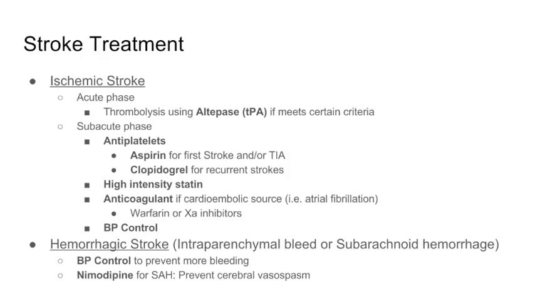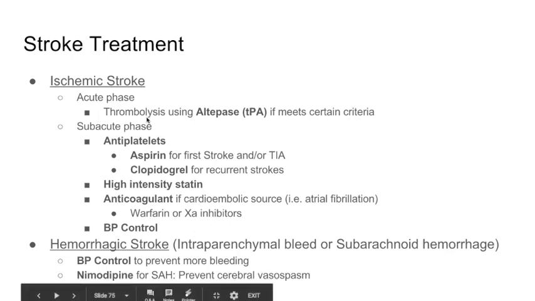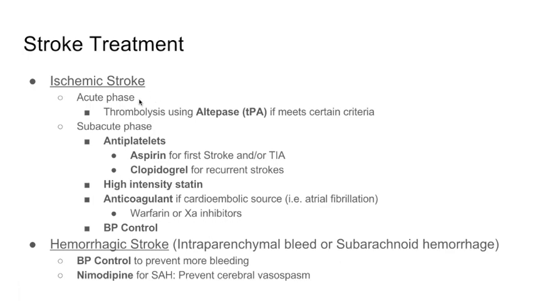Now, next I wanted to talk about the treatment of stroke. If you have a patient with an ischemic stroke, that means it's a stroke that's causing ischemia to the tissues around it. In the acute phase, you can give them alteplase, so you can bust that clot if you meet certain criteria.